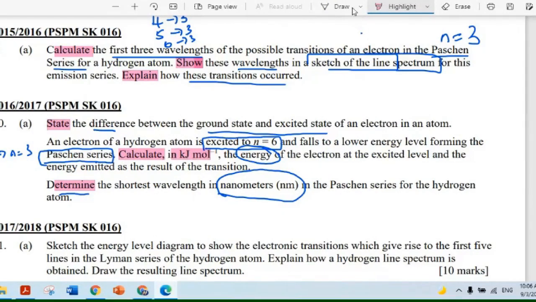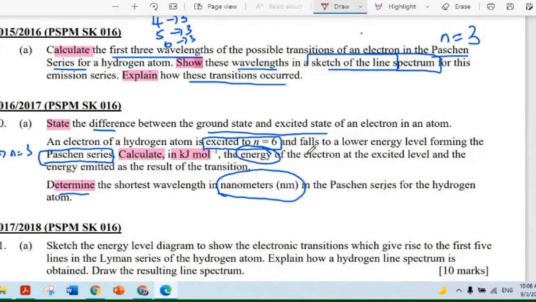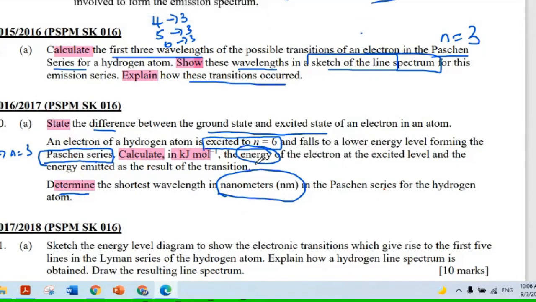Dia nak apa? You cuba bacakan. Calculate. Kilojoule. Faham kan soalan dulu? Adakah ada kilojoule mole? Dia nak unit kilojoule per mole. Dia nak kira apa?